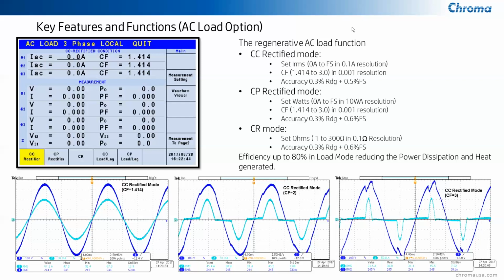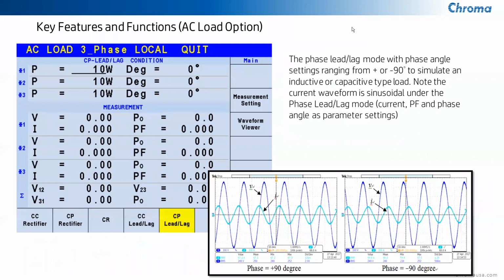We also have built into the AC load feature the ability to control the phase shift between the voltage and the current to create leading and lagging current phase, to simulate pure inductive and capacitive loads. Great tool.